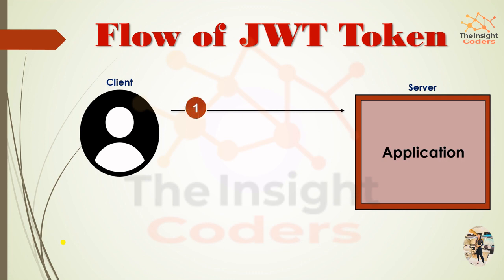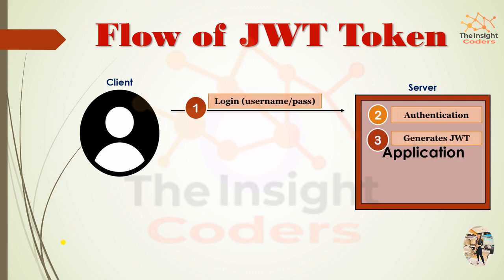So the first step generally is the login step, where the person sends their username and password, and if the person is authenticated and sends the correct username and password, then the third step states that we'll be generating a JWT token. So initially we have username and password. Once that is done, generation of the JWT token takes place at the server side.